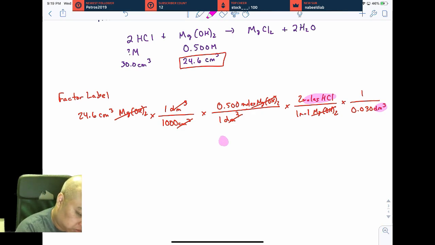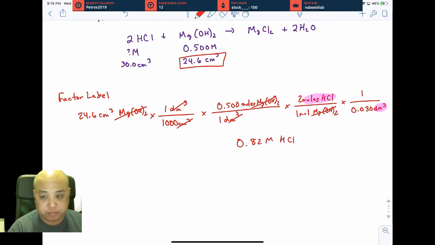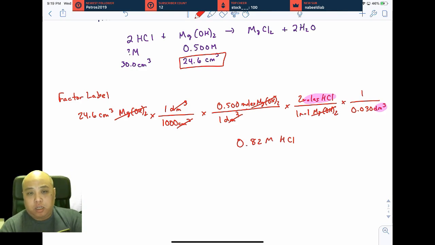And so if I do this, I get 0.82 molar of HCl. Okay? Now, this answer makes sense, because if this were a 1-to-1 ratio and I used about the same molarity, I'd get 0.5.